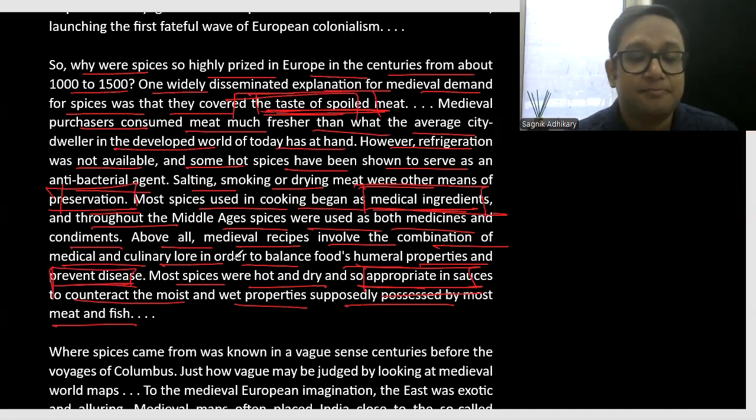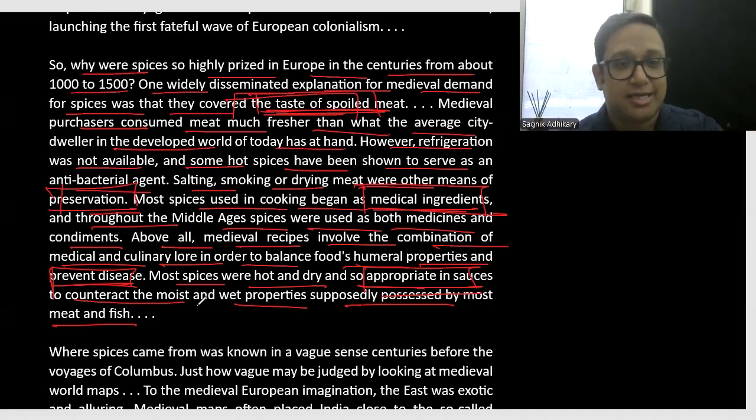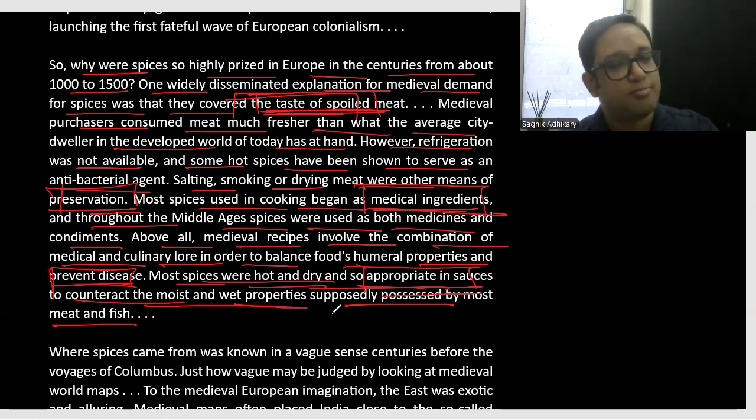We see that here. But there's also the aspect of taste or culinary experience or culinary preferences. We see that most spices were hot and dry, and so appropriate in sauces in order to counteract the moist and wet properties supposedly possessed by most meat.